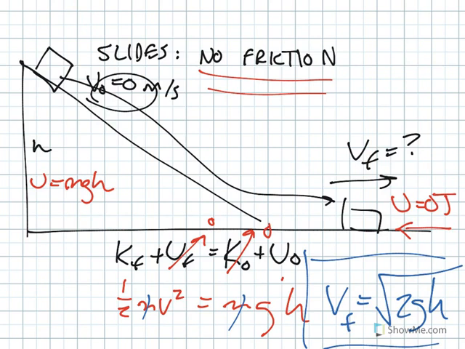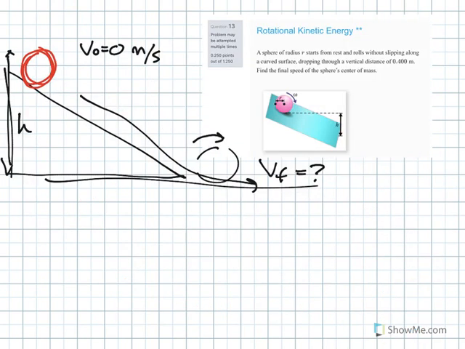The problem we're doing now has some rolling going on. That means there's an additional term we're going to add to the problem. Other than that, it's the same as this problem. So the equation for conservation of energy becomes: there are two kinds of kinetic energy here, because it's both translating and rolling.